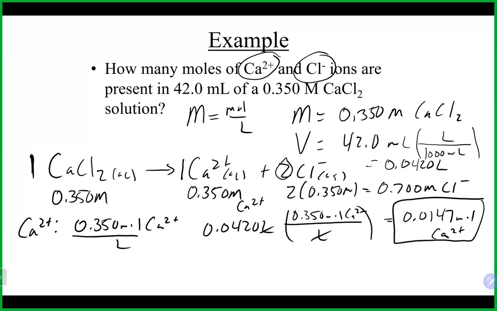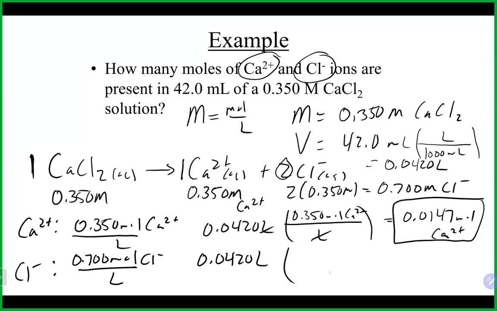We could also do it for our chloride. So for our chloride, 0.7, getting rid of the big M and putting in both of the units so I could see it, moles per liter. For the chloride, again, same volume because it's in the same solution. We'll use our molarity of our chloride, 0.7 moles per liter.